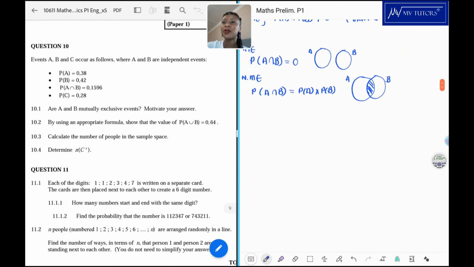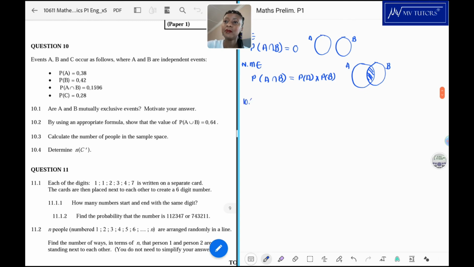Now, 10.2. By using the appropriate formula, show that the value of the probability of A or B is equal to 0,64.